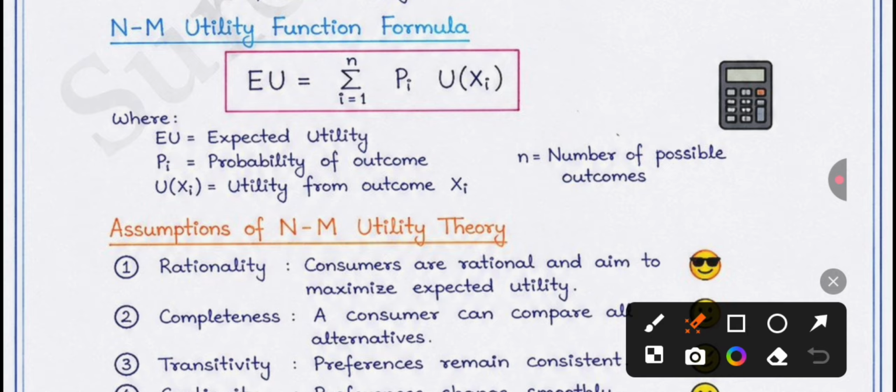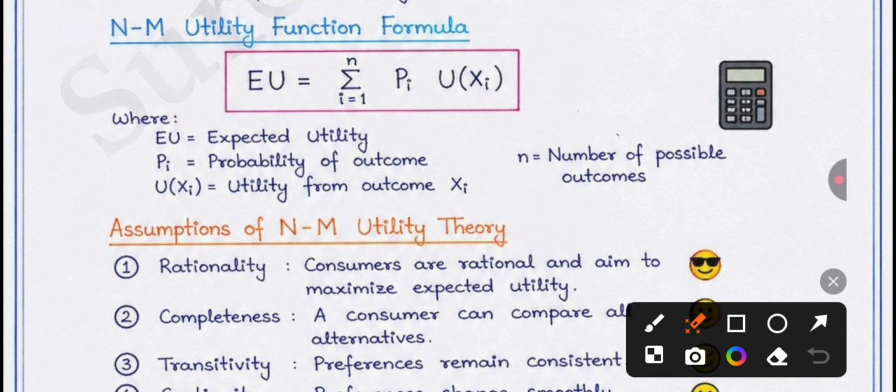And if we talk about the explanation of the symbols, EU represents expected utility, p_i represents the probability of occurrence of the outcome, U(x_i) means the utility obtained from outcome x_i, and small n represents the number of possible outcomes.